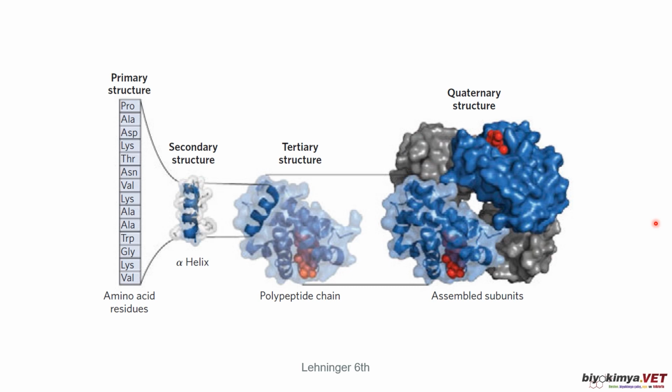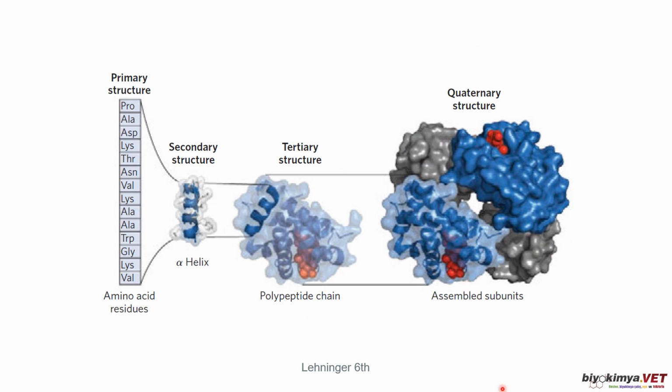The path followed by most of the polypeptide backbone in a typical protein is not random. Rather, it is invariant and highly specific for the structure and function of the protein in question. The tertiary and quaternary structures you see here: the polypeptide chain and the assembled subunits.